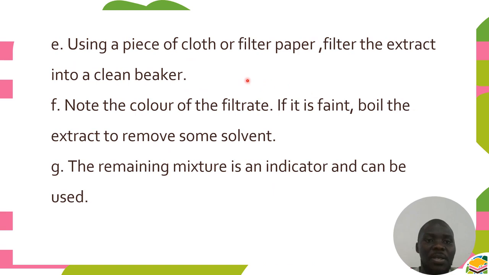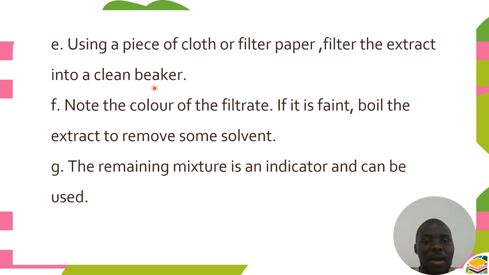Now that you have enough extract in your mortar, you are going to use a piece of cloth or filter paper. Sometimes it is very hard to find filter paper, but the same thing can also be done using a cloth. Filter the extract into a clean beaker.